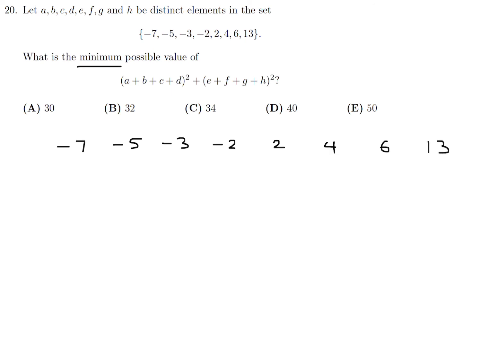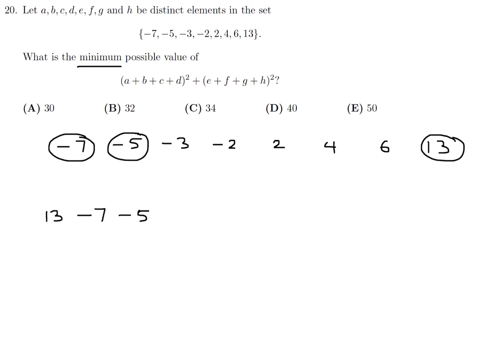Okay, in the first set, A plus B plus C plus D, I want to get the smallest number possible. So if I'm going to put a 13 in there, I'm going to put a -7 in there, because that way it will start canceling. You know what I mean? And then similarly, I can probably keep going here. I can make it a little bit smaller, put a -5 in there. All right.